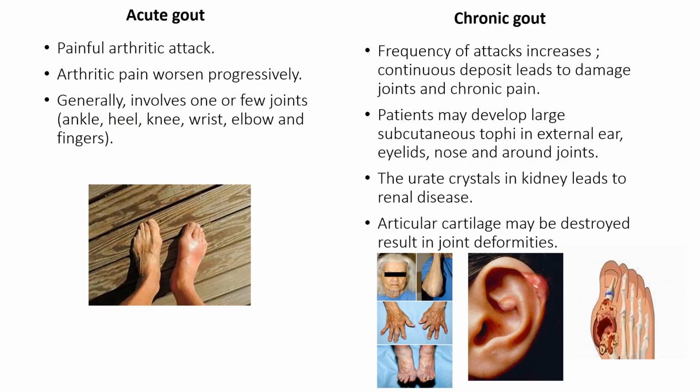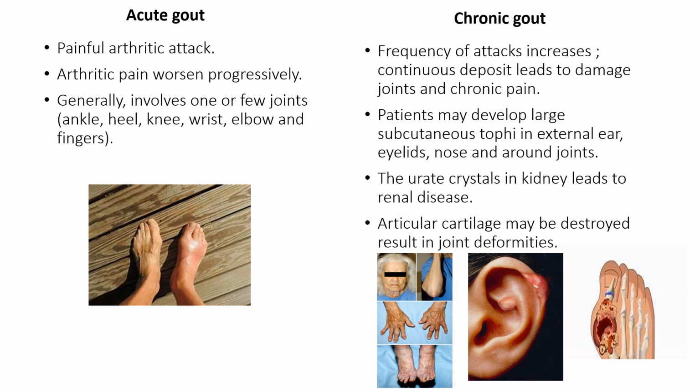Acute and chronic gout. Acute is the early stage, whereas chronic is a severe condition where the frequency of attacks increases. In acute gout, there will be a painful arthritic attack. The arthritic pain worsens progressively and generally involves one or few joints like the ankle, heel, knee, wrist, elbow, and fingers.